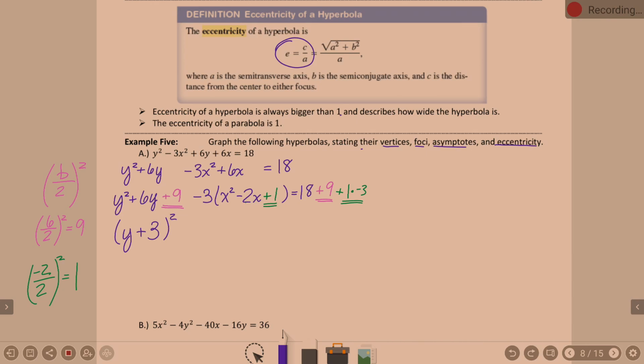Minus 3 stays out front. Now the square root of x squared is x. The square root of 1 is 1. This time, how do 1 and 1 equal negative 2? Needs to be a negative 1. So x minus 1 squared equals 18 plus 9 minus 3, which is 24.